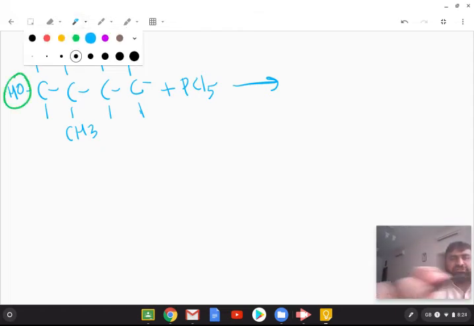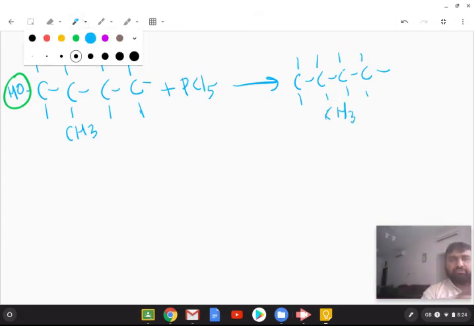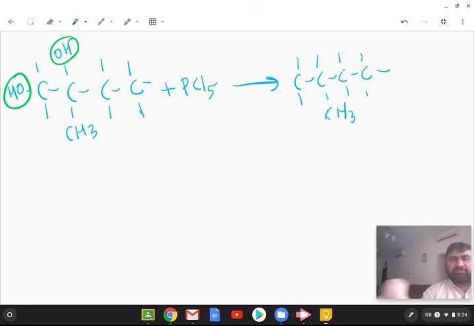So I won't change anything. So 1, 2, 3, 4, CH3 here. The rest of the molecule is the same. So wherever OH groups are, they will be replaced with Cl. Cl here and Cl here.